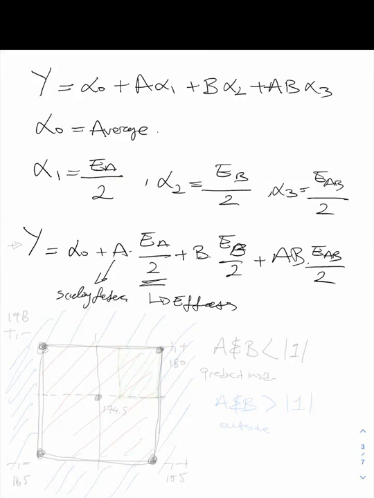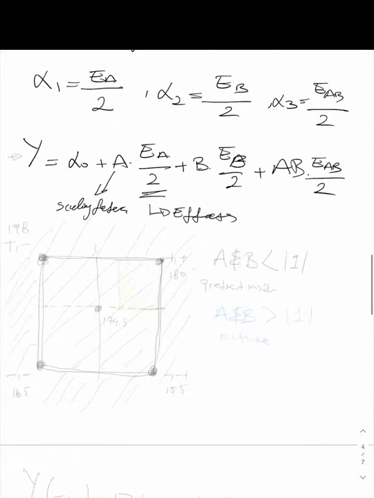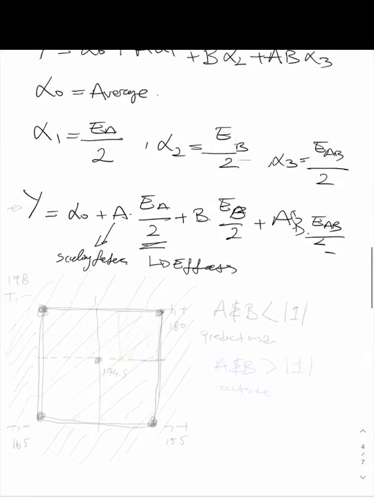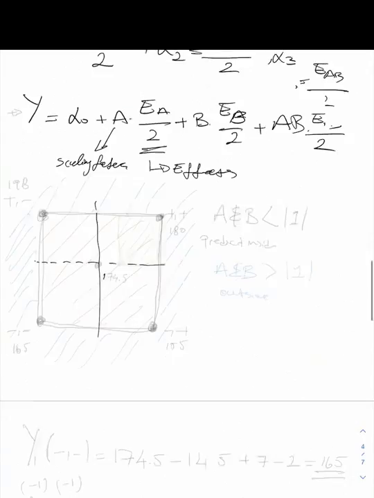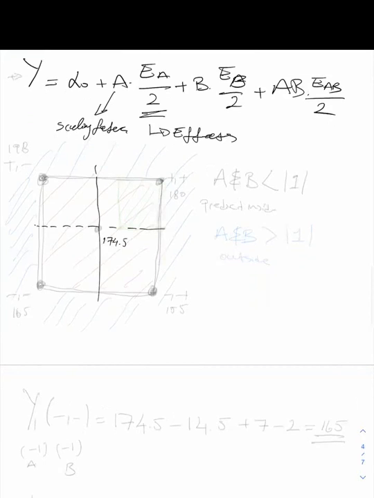Okay, so let's go back to our visualization for a 2x2 model. Here's the origin of all the measurements, that's going to be 174.5. And you have your four corners, it's the square.